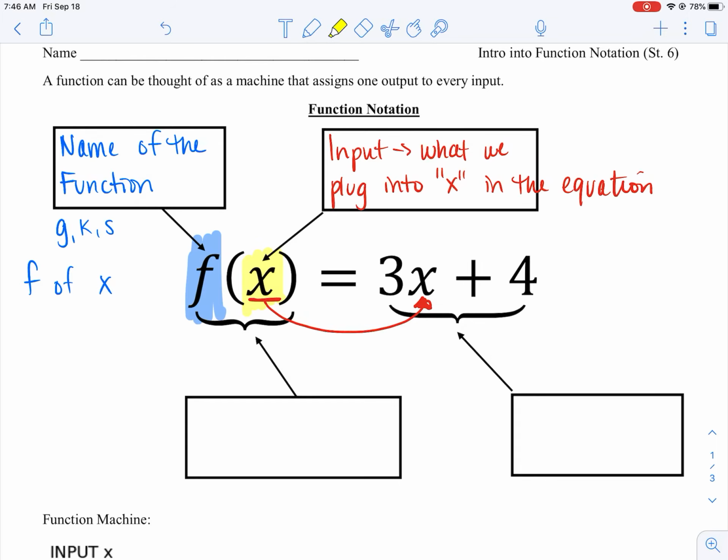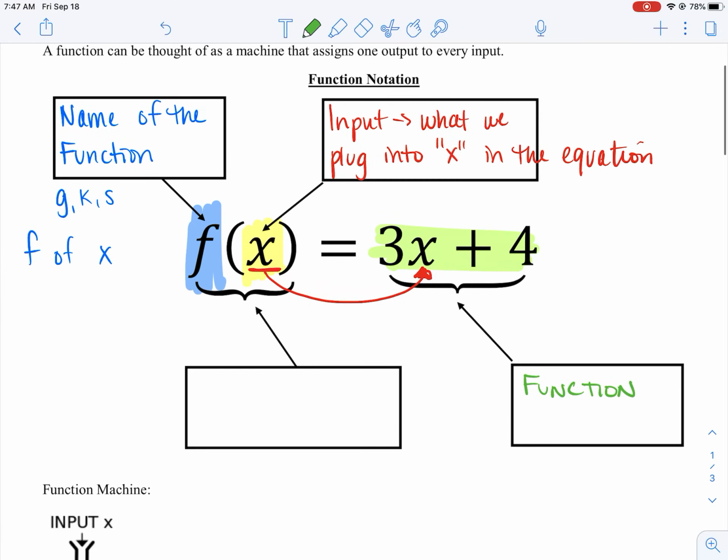The next part that is identified, if we go around the circle, is known as the actual function, okay? This is actually what is happening if we think about this as a machine. This is the work that's being done. So this is the function that you'd actually plug into.